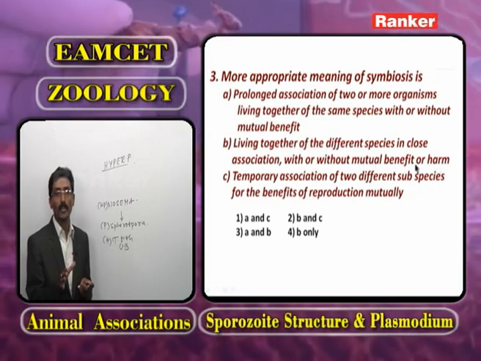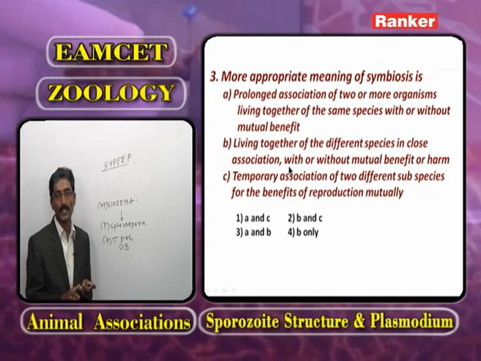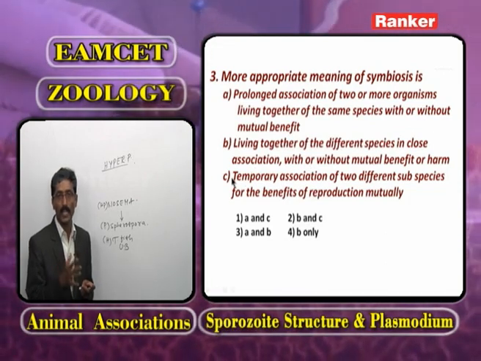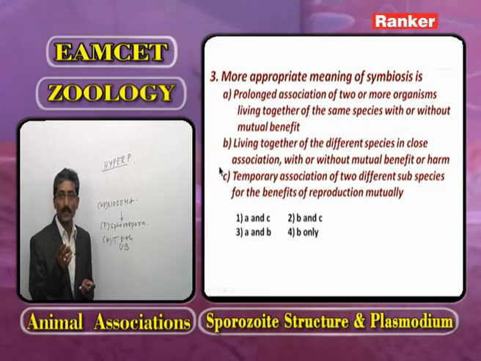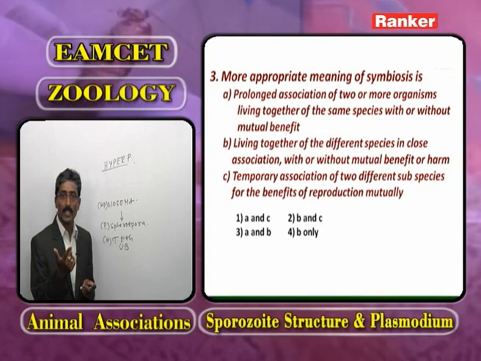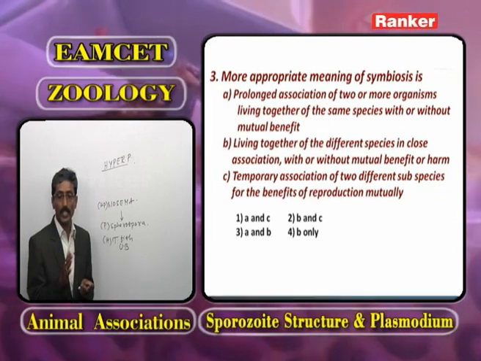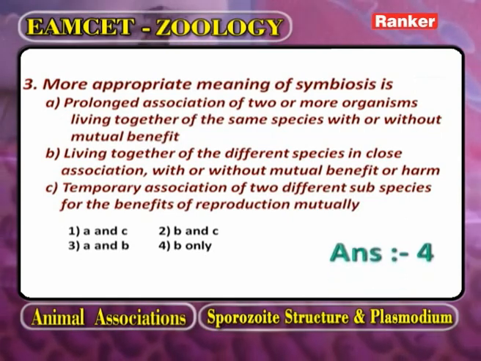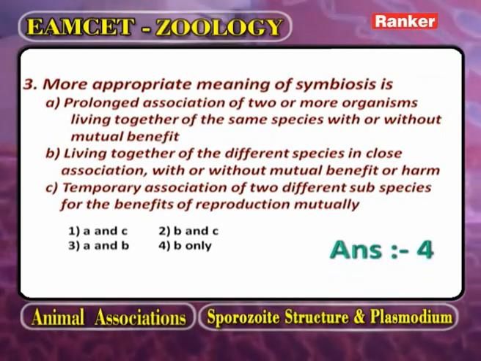The word symbiosis was proposed by D. Barry. From symbiosis, mutualism, commensalism and parasitism are derived. So the second statement is correct. Now we go for the next question.